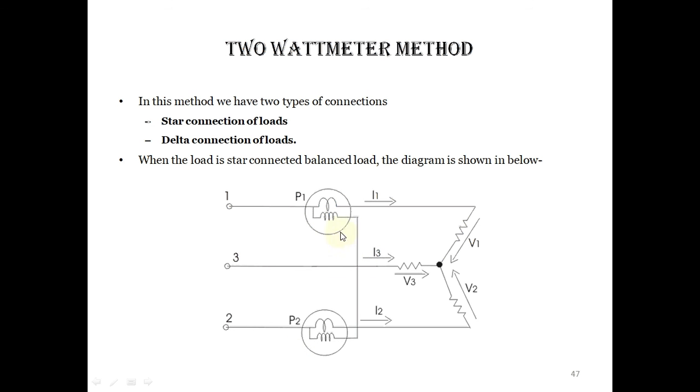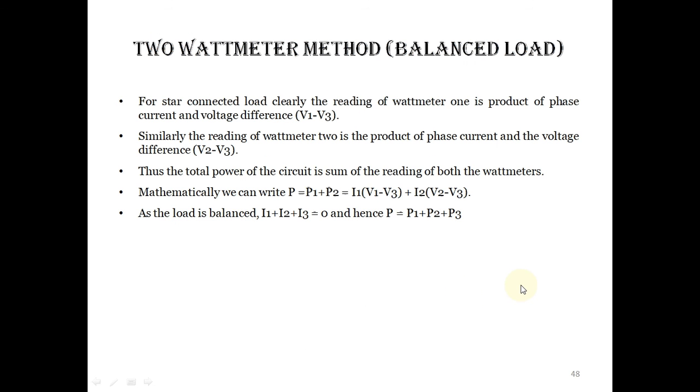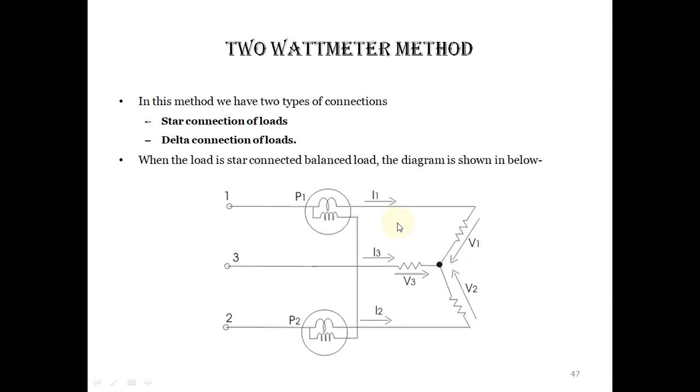So what does P1 read? V1 into I1 into cosine of the angle between them, and P2 reads V2 into I2 into cosine of the angle between them. Actually, sorry, there I was talking about a delta connected load. Actually, it is a star connected load. So where is P1 connected?